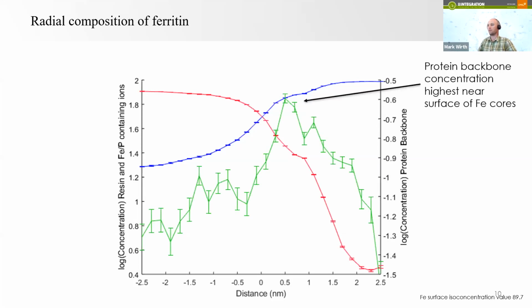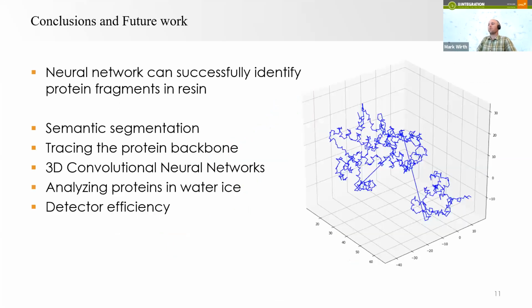So there was a nice peak just near the interface where the protein backbone actually exists. So we found that our neural network could successfully identify the protein fragments in resin, which is exactly what we were going for.